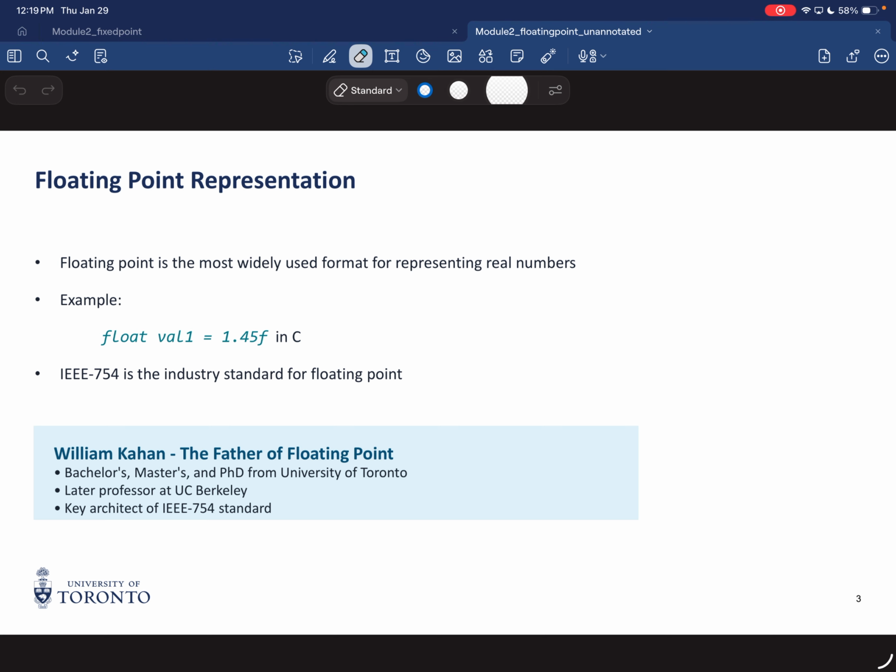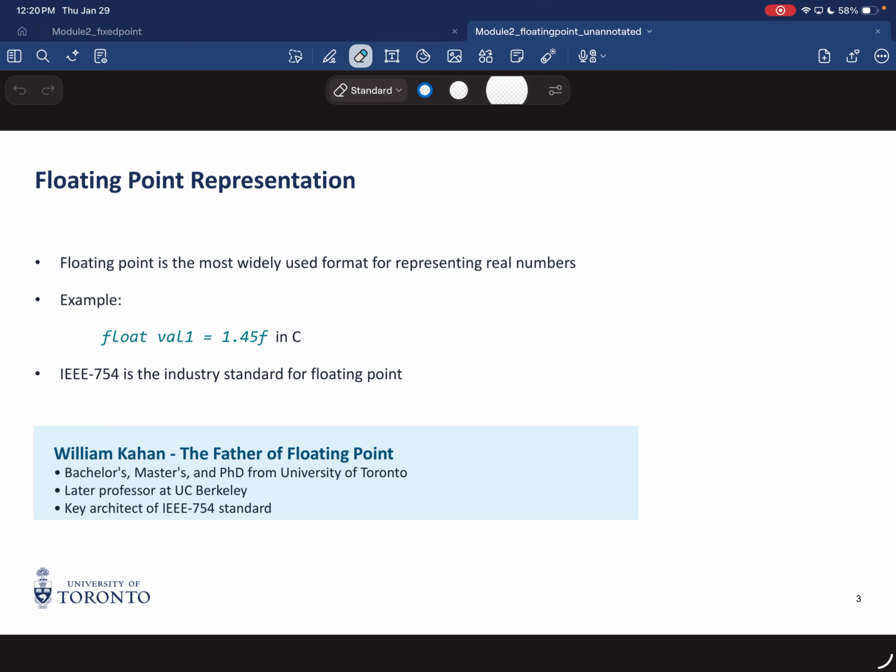Just before we start floating point, I put a document called floating point versus fixed point on your Quercus page. We are not going to cover that. It's just for you to look at later, if you're interested, to see the differences in applications, speed, and test cases.